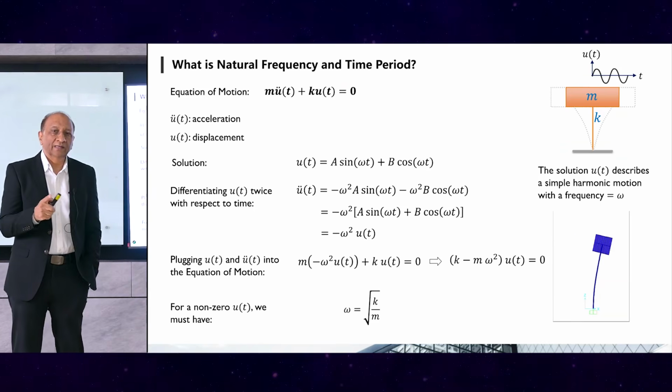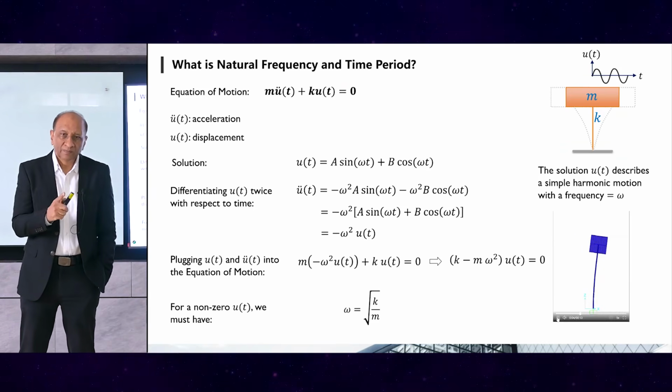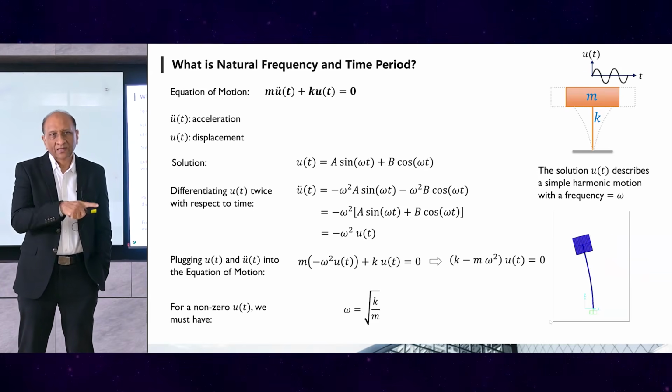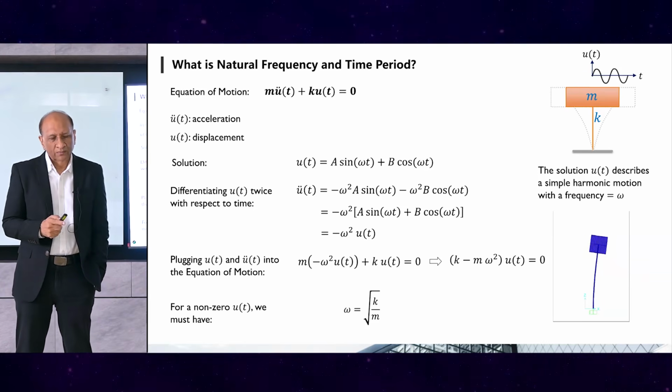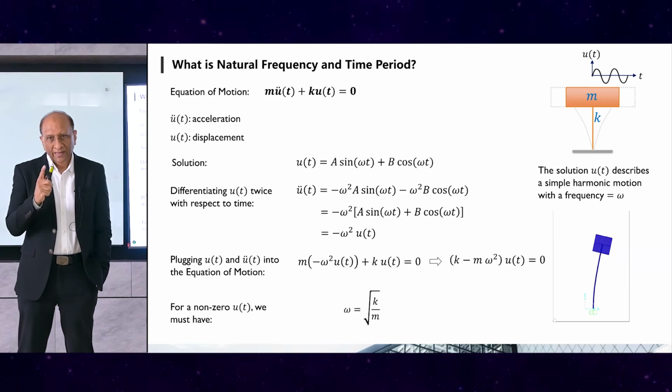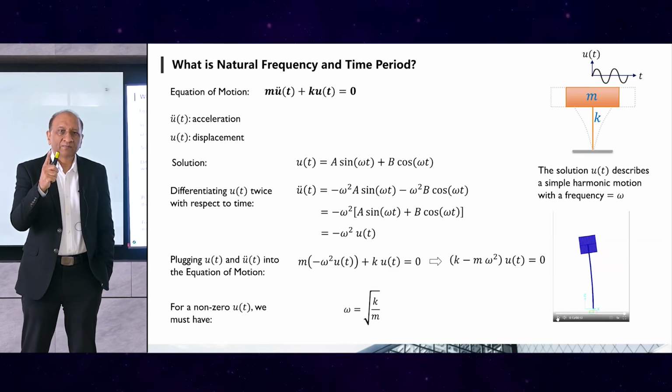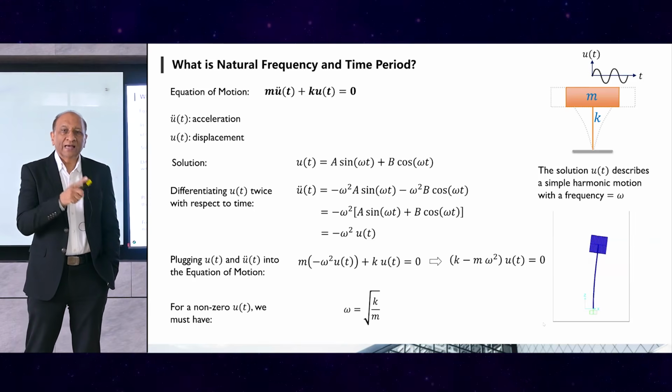So if you look at the mass over stiffness, the one that Hooke's law talked about, and if we look at that and the combined equation of motion, then we can actually see that it's a cyclic motion.